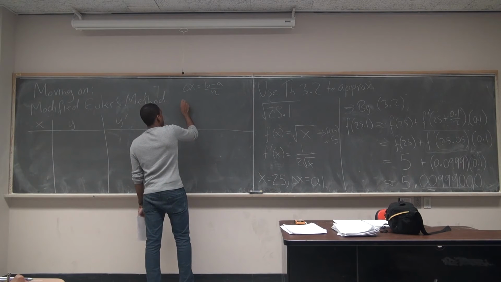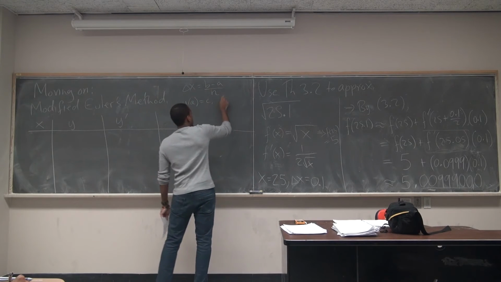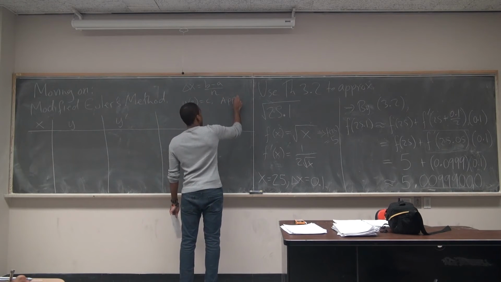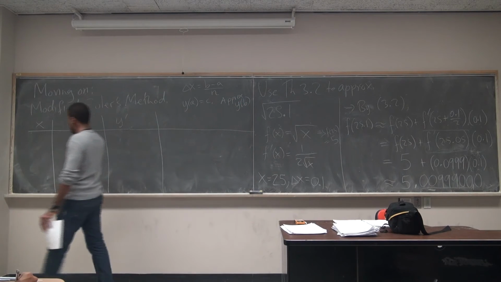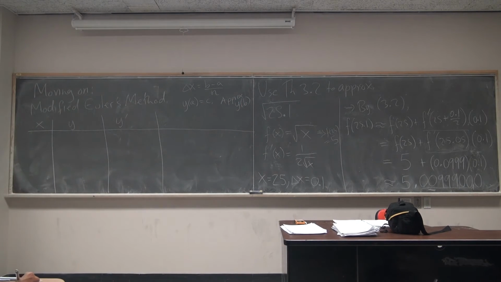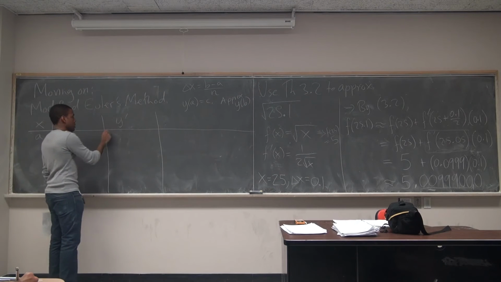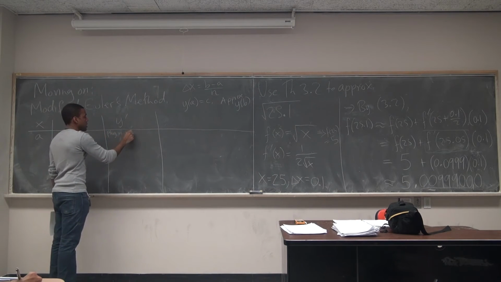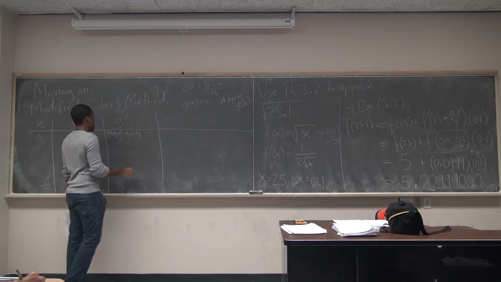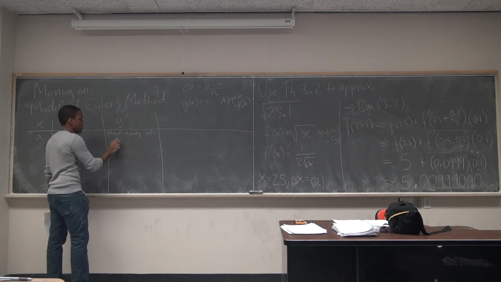And we're assuming that y of a equals c, and we want to approximate y of b. So you start out the same, right? So your initial x value is your a, your initial y value is your c, and then in this guy, you plug in x and y into the y prime formula.